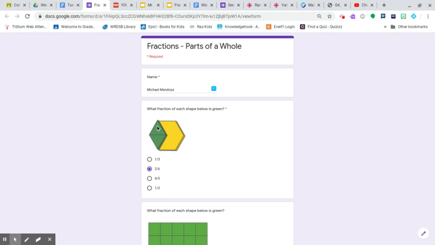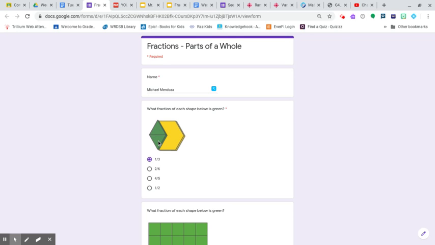Because if you take the green triangle over here, and then used another one to fill this space, that is another equal part. And here's another equal part, and another equal part, and another equal part. So that would be 6 equal parts. So we have 2/6, but also 1/3 would work. If you chose that one, you would have got it right.